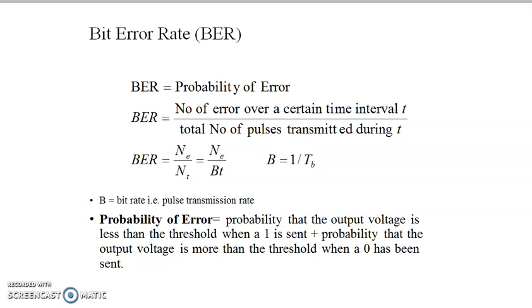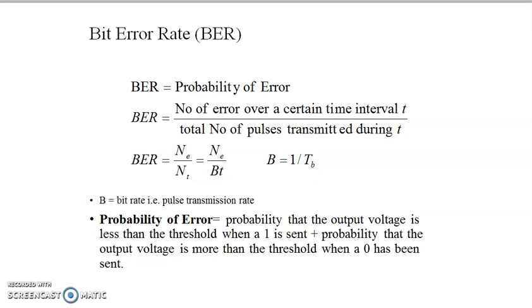If you see the digital transmission system and its path, the digital receiver has a decision circuit that produces the output voltage, and if this output voltage exceeds the threshold value, then above that threshold voltage it represents 1, and if it is below the threshold voltage, then it represents 0.